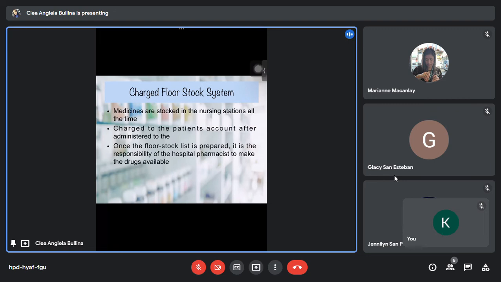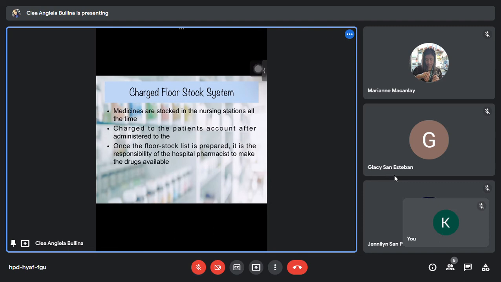So, basically, yung charged floor stock system is exclusive siya sa mga inpatient. Okay? Basically, lahat ng drugs doon sa nursing station, nakastock. Tapos, kapag i-administer yun ni nurse, automatic yung naka-charge sa account ni patient, which will be paid after the patient has discharged. Mag-appear lang siya dito sa bill.